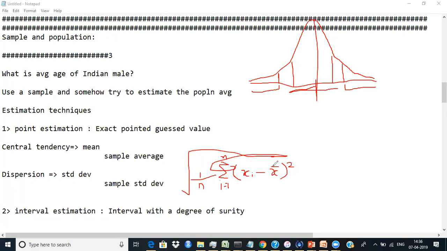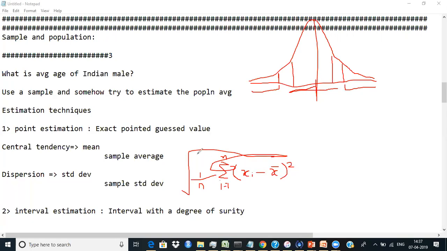X bar stands for mean. What this means is I am subtracting the mean from every observation, squaring it up and summing it up, and then multiplying by 1 by n. What do I get? The average of this. This is the formula for standard deviation that we learned yesterday.